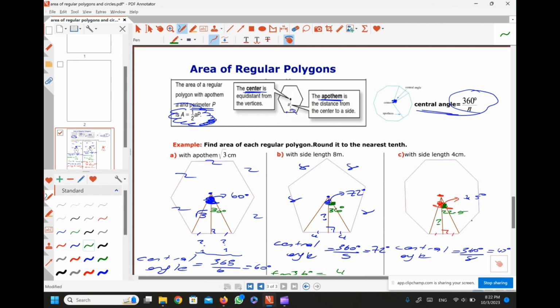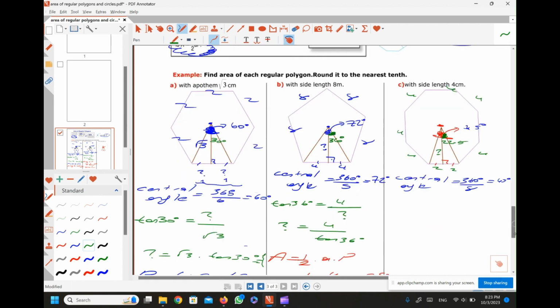Side length is given as 4. They're all 4. We need just half of it, so it will divide into 2 and 2. So we have the angle 22.5 and its opposite side 2, and we don't know the adjacent in this right triangle. So again, we are using tangent.